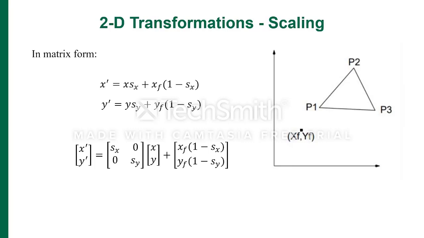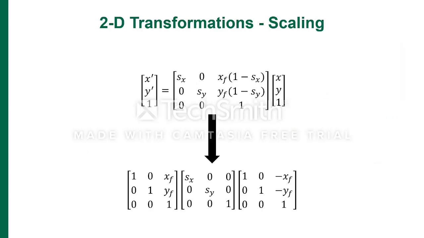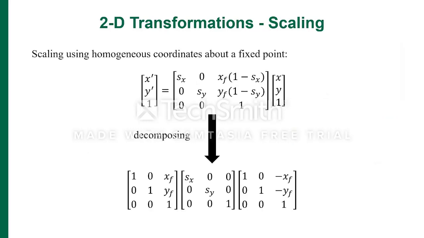In matrix form, we have the following equations: x dot is equal to x times sx plus xf times (1 minus sx). Y dot is equal to y times sy plus yf times (1 minus sy), and also the following matrix equation. If we do scaling using homogeneous coordinates about a fixed point, we have the following equations.